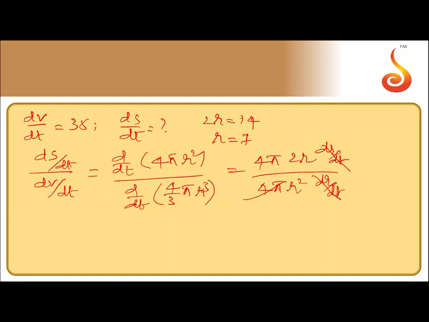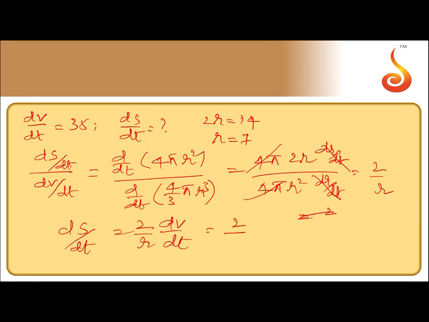This gets cancelled, and 4 pi cancels, I hope you'll be getting 2 by r. Therefore, dS by dt is nothing but 2 by r multiplied by dV by dt. At that instant of time, r is equal to 7 and dV by dt is equal to 35. That is equal to 10 units per second.